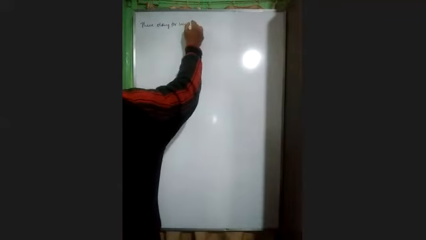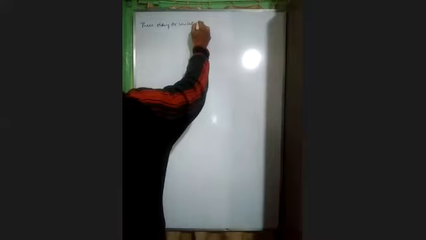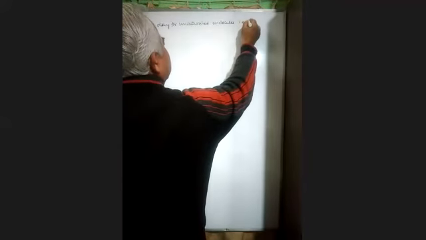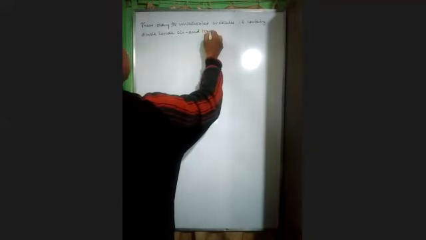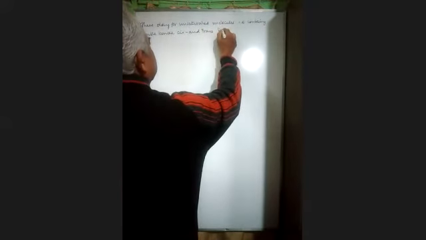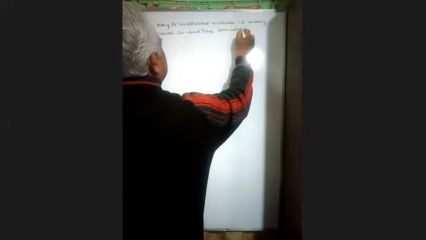So let me talk a little bit more about the geometrical isomers. These days, for compounds containing double bond, cis and trans terminologies are not used.